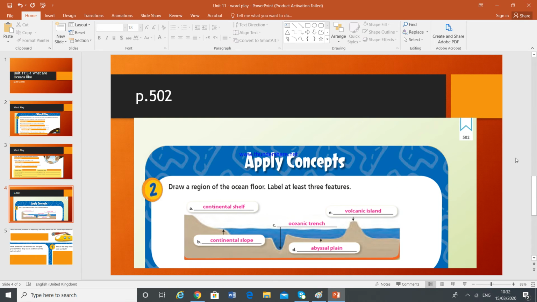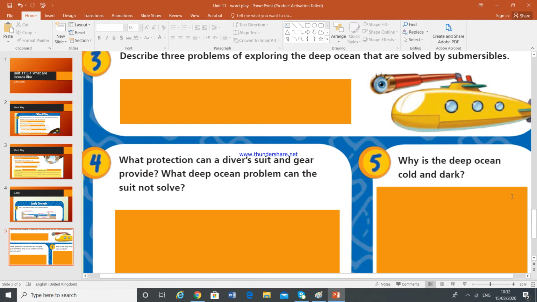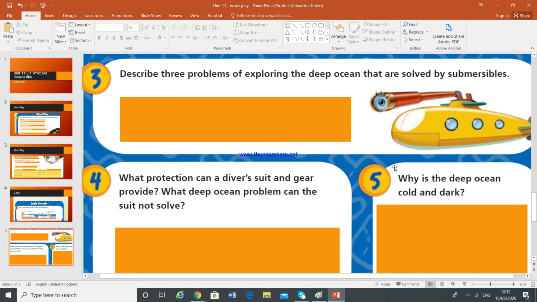Okay, it's an easy question, girls. Describe 3 problems of exploring the deep ocean. Remember in your class when I was explaining this, we went to our dream land, our imagination world, and I told you, imagine that you are diving deep inside the ocean. What actually makes you scared?